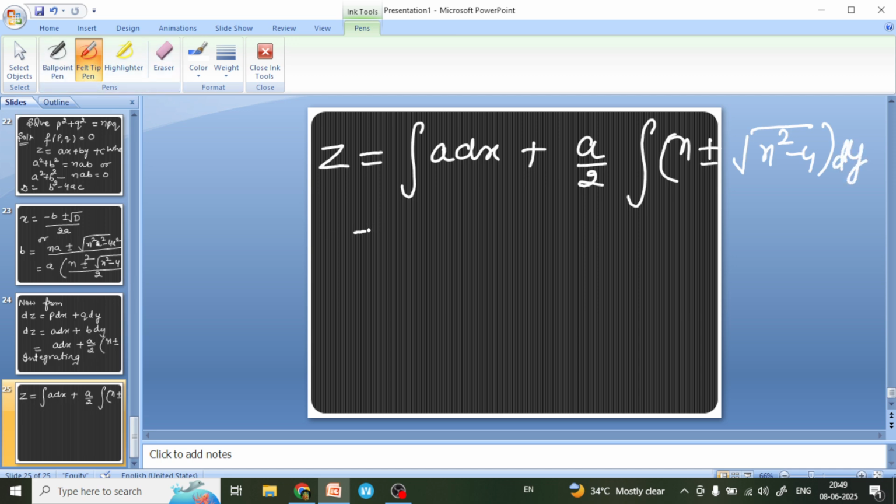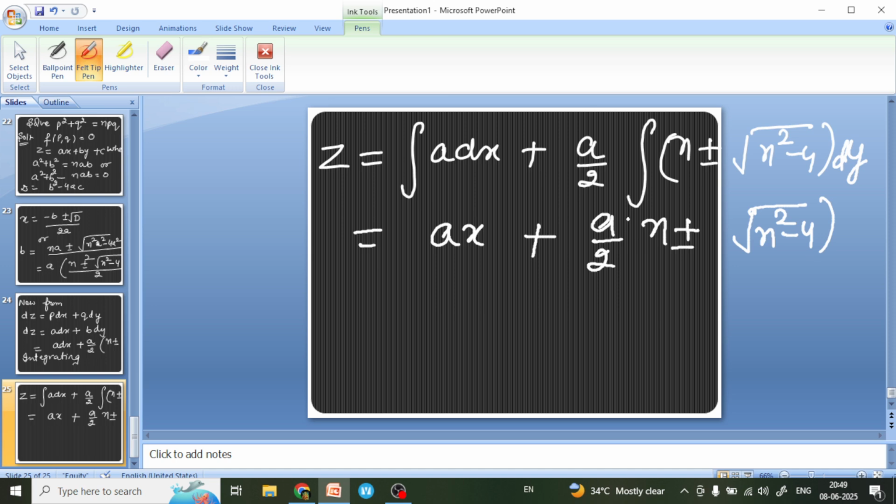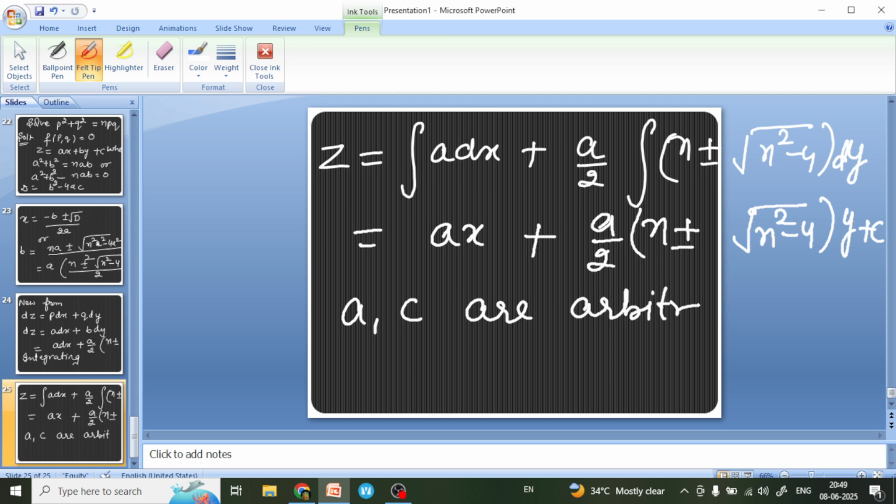You will find its answer will be ax plus a over 2 times n plus minus square root of n square minus 4, and dy's integration will be y plus c, and here a and c are arbitrary constants.